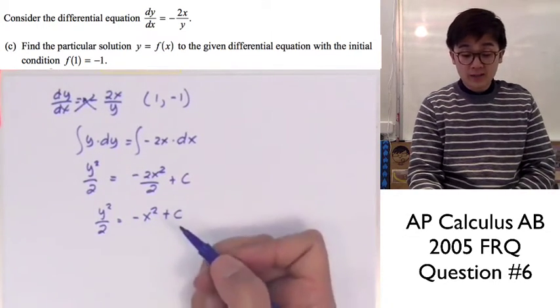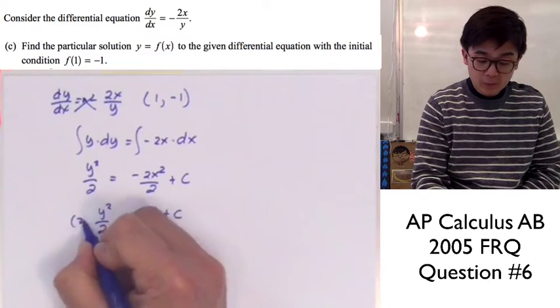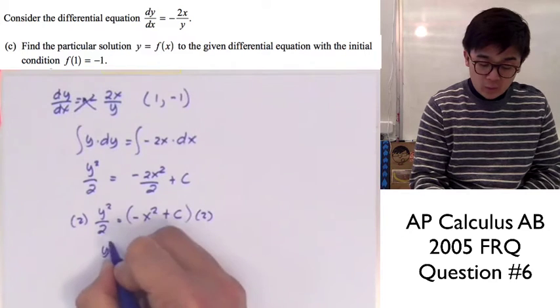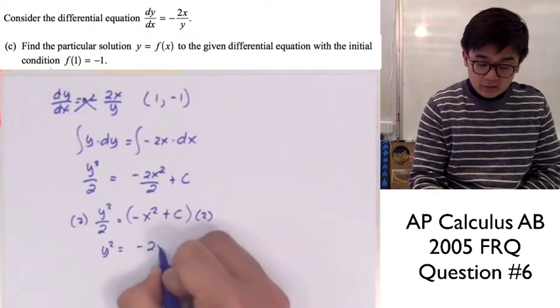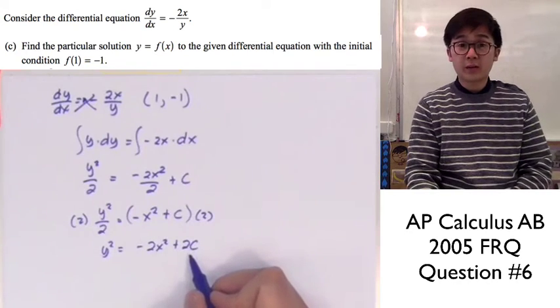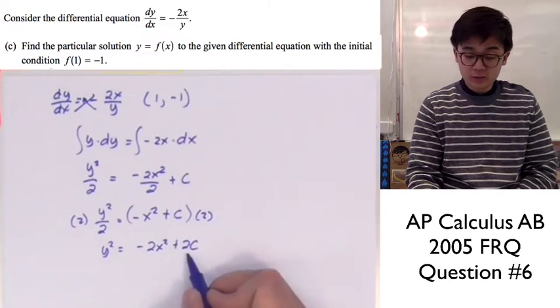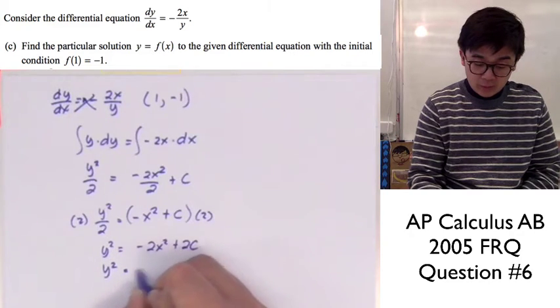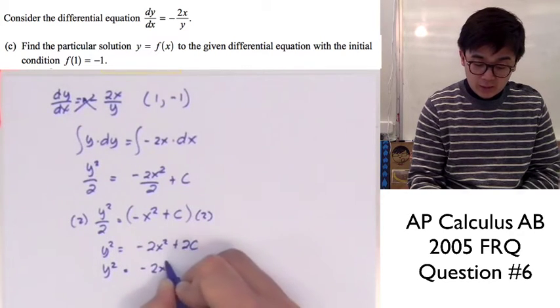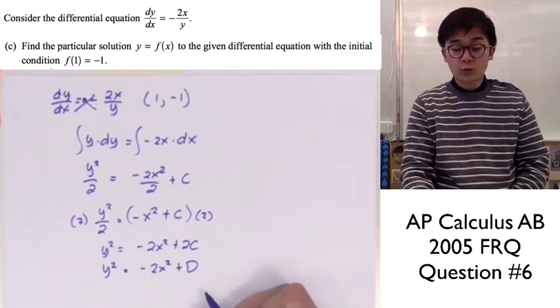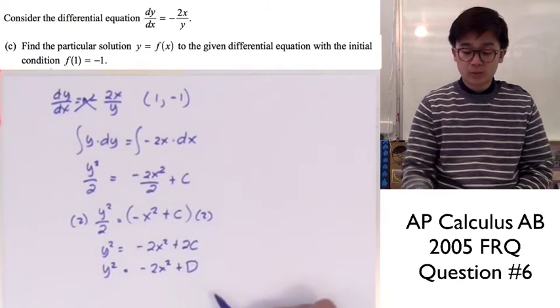To have y by itself, we can multiply both sides by 2, leaving us with y squared equals negative 2x squared plus 2c. We can change our constant 2 times c into another variable, so we have y squared equals negative 2x squared plus d, as the rule on evaluating a separable equation.